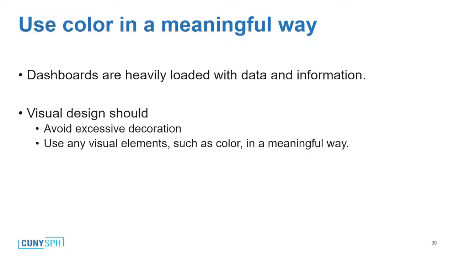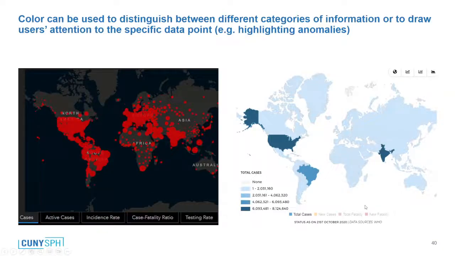Every single element that we are putting there, including color, needs to have a meaning. It's not because it's cool or fancy. If you are using color, it's because color is providing some meaning. Color can be used to distinguish between different categories of information or to draw attention to a specific data point.